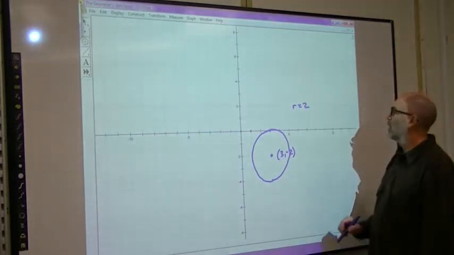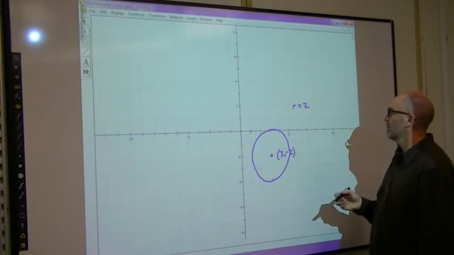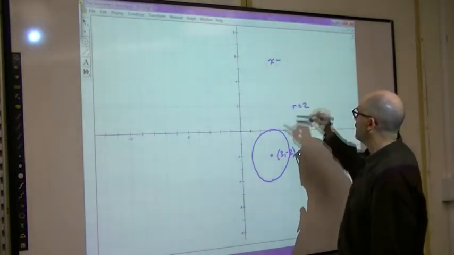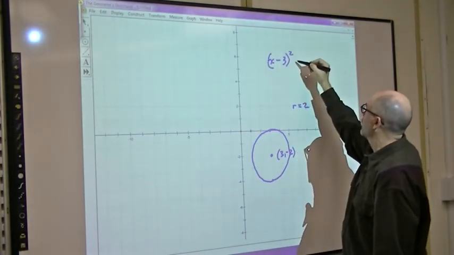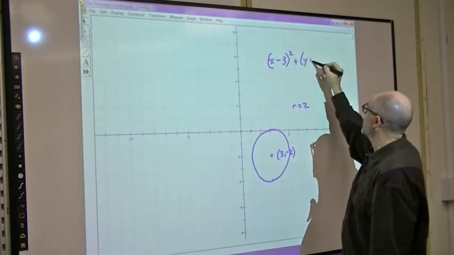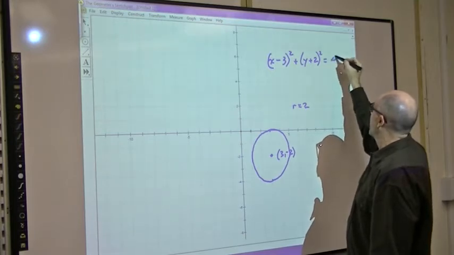So radius is 2. Now, what's the equation? Well, it's going to be x minus the 3, squared, plus y minus the -2, squared, equals r squared.